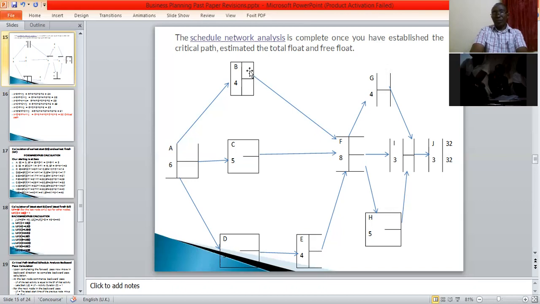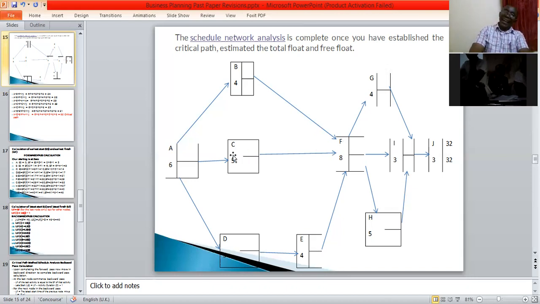So early finish B is equal to early start F. Just that reasoning.